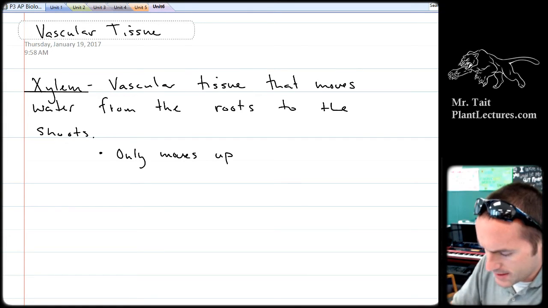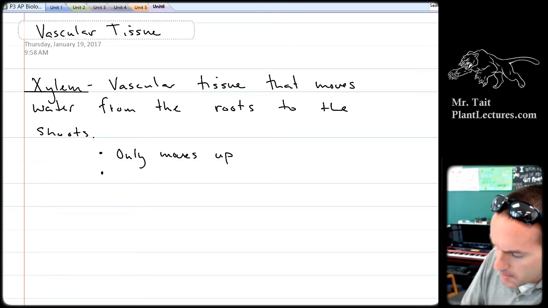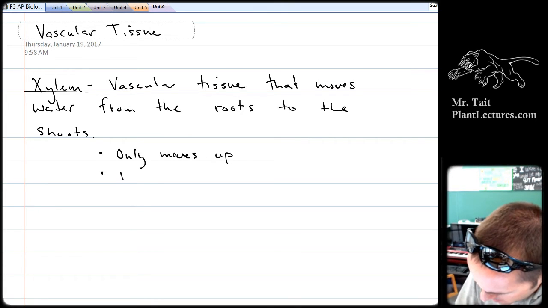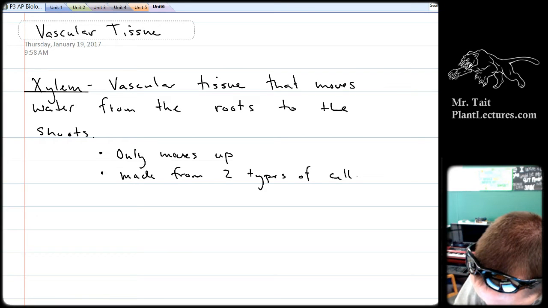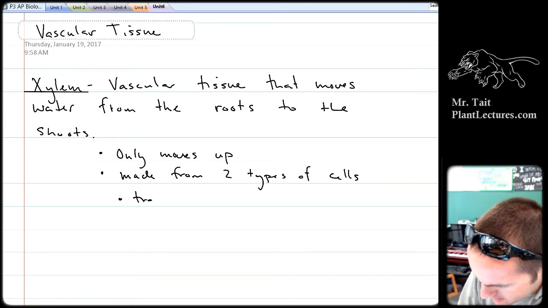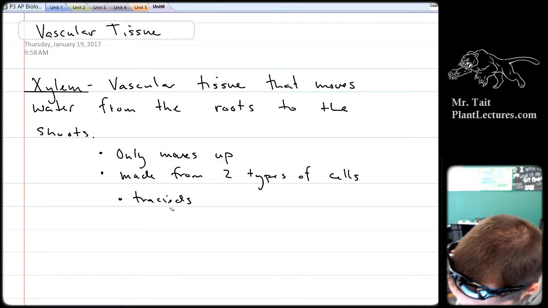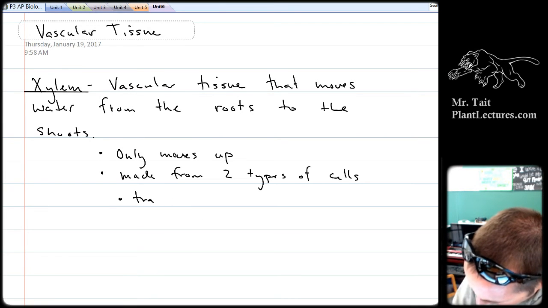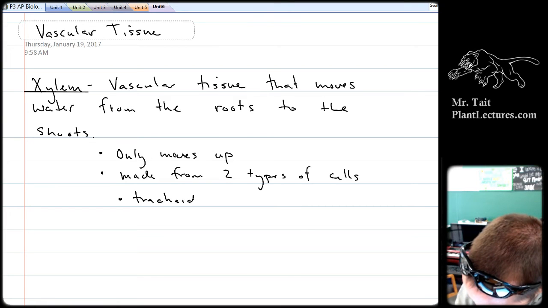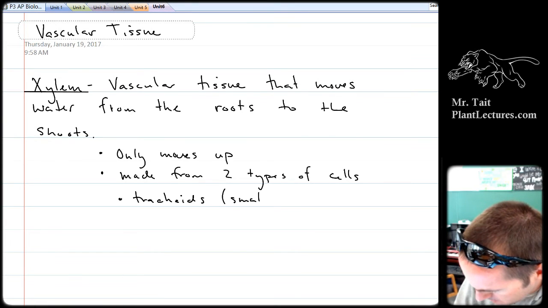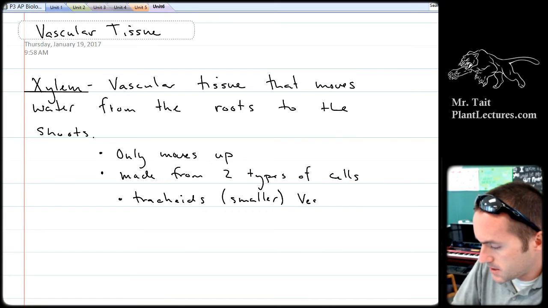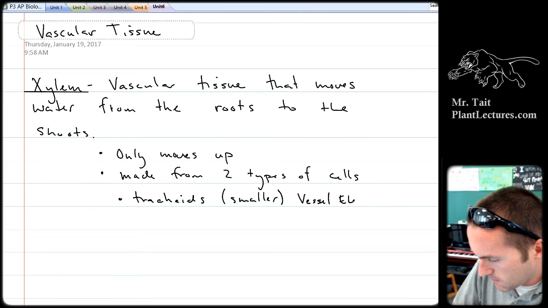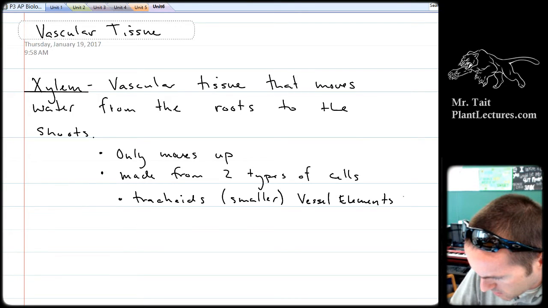Xylem cannot move things down a plant, right? It's made of two types of cells. There's a type of cells that are called tracheids. Those are the smaller type. And there's a type that are called vessel elements. And those are larger.